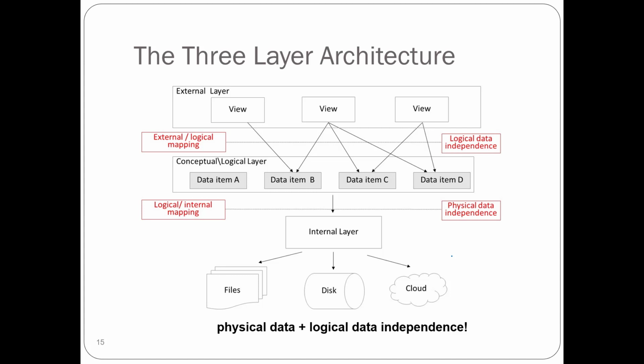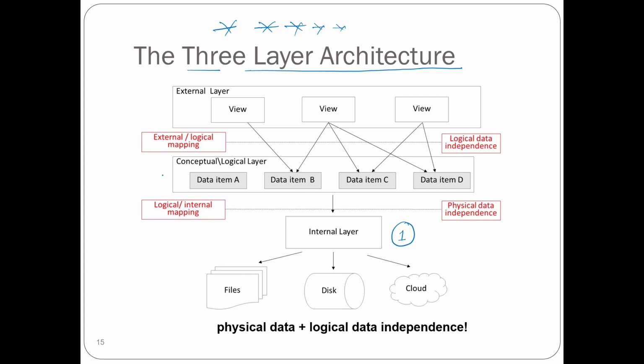So here we go, right? An extremely important picture and concept in databases, the three-layer architecture. So first of all, let's identify the three layers. Okay, so I will do the bottom up thing. So internal layer, one layer.